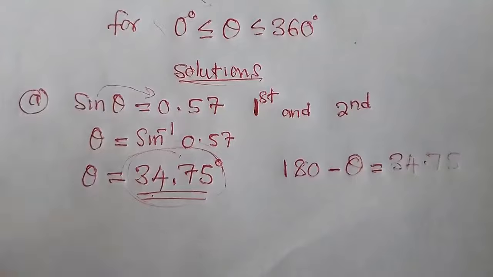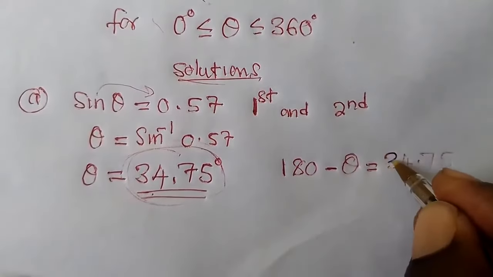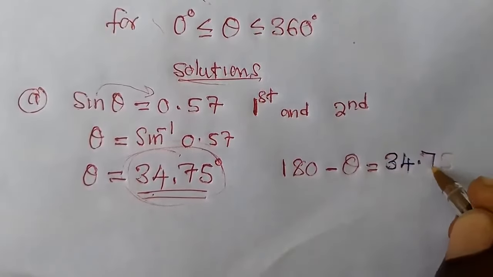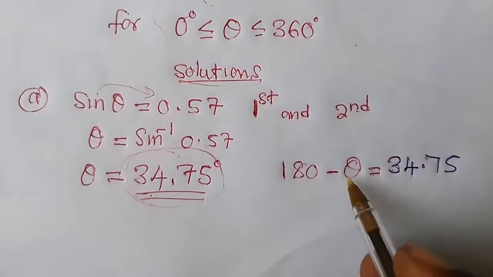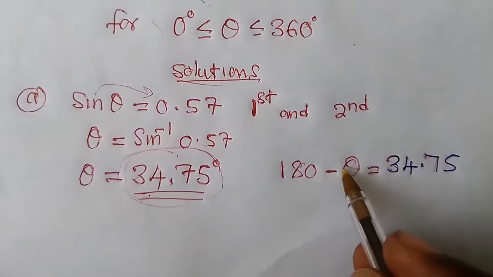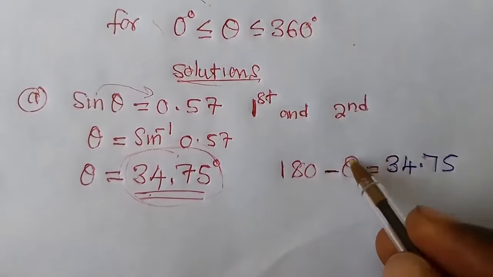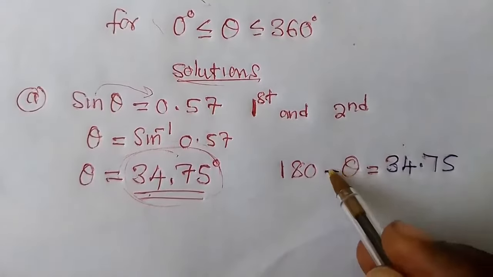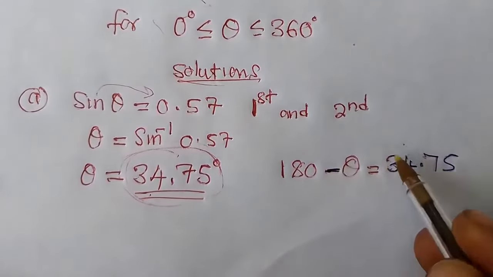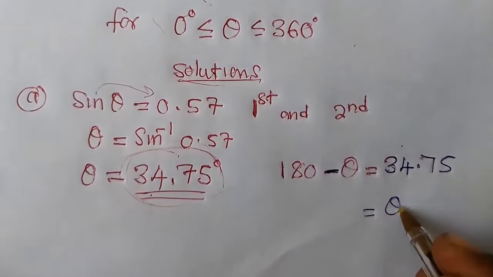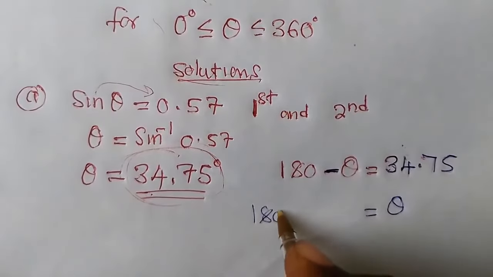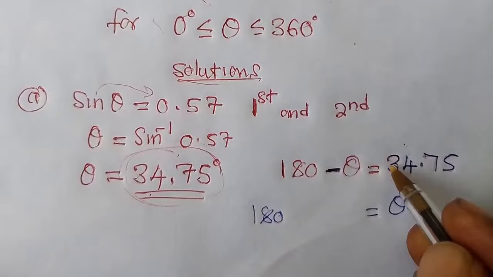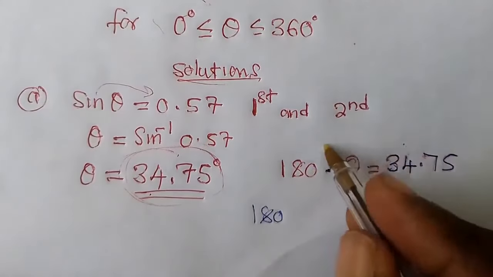So let me try to change the pen. Then you want to find this one here. How can you find this one? You know that this one will go to this other side. When it crosses to this other side, it's going to be positive. Here I've got 180. When it comes this side, it's minus.